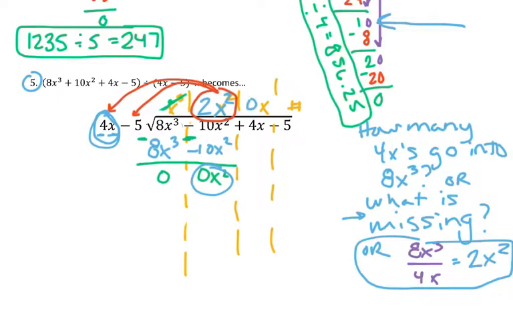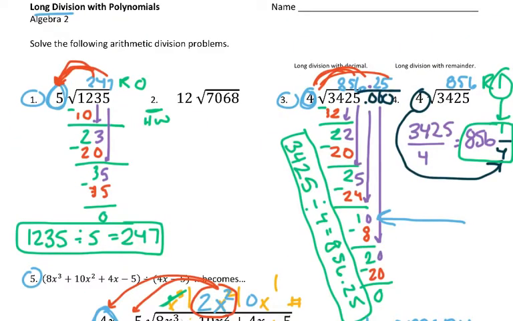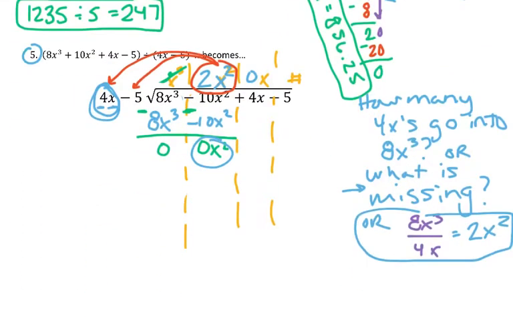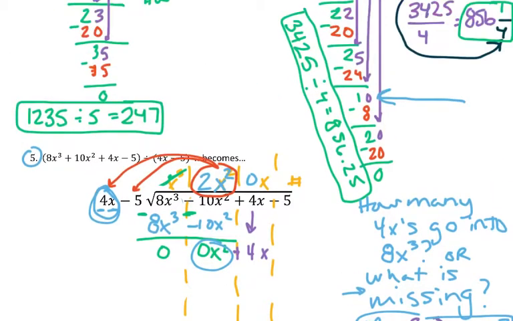So we're going to take 0x. Sorry, I forgot the next piece in purple, which was to bring down the next one. So we bring down 4x. Okay, still looking all the way to the left, so again, how many 4x squareds go into 0x, and that's none. And that can happen in some of these, right?